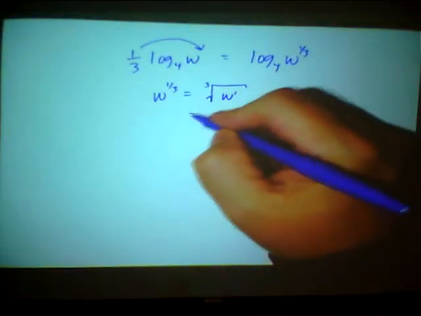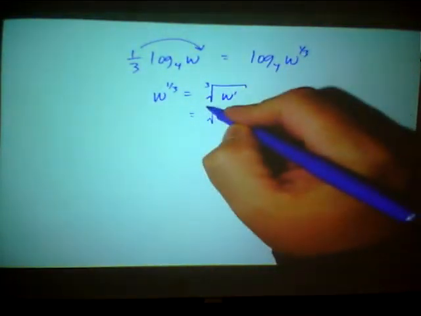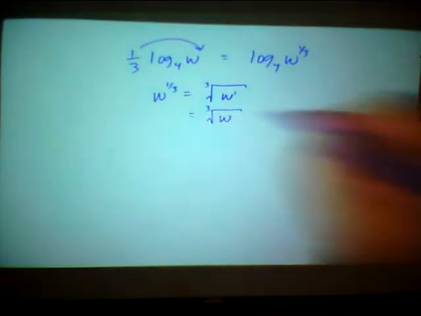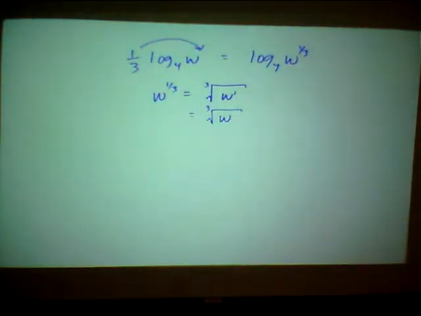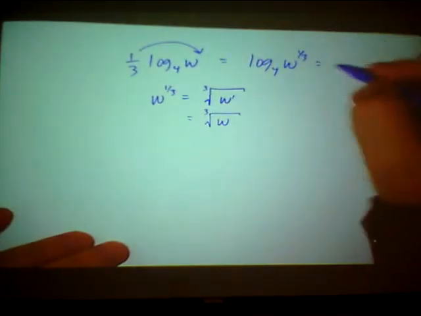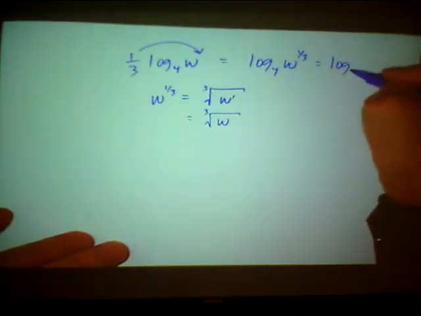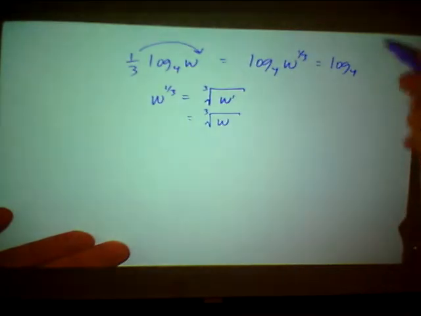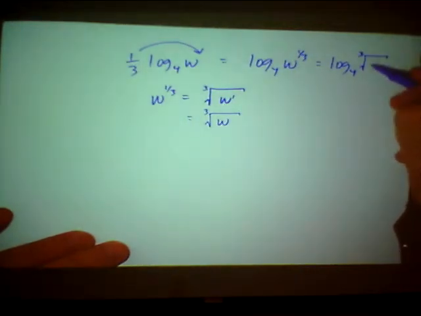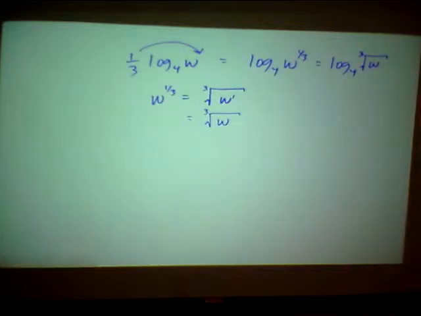So really, if you recall, w to the 1/3 is really the cube root of w. And that's what they like the answer to look like. They like it to be in the radical form. So it's log base 4 of the cube root of w.